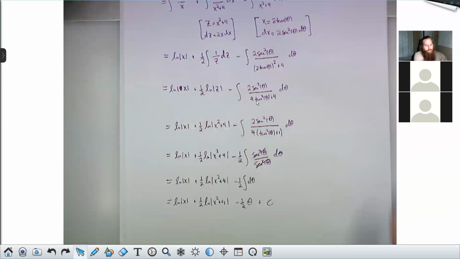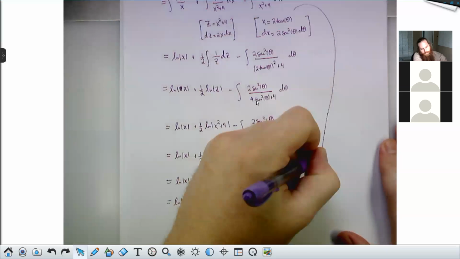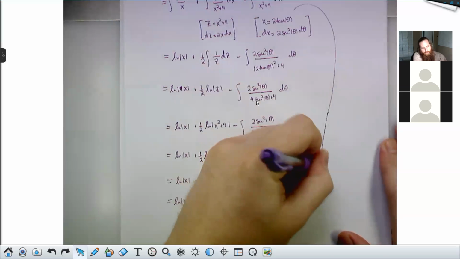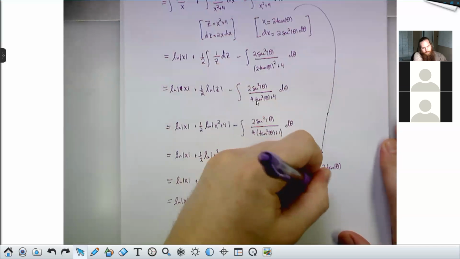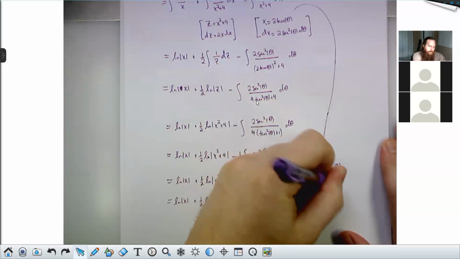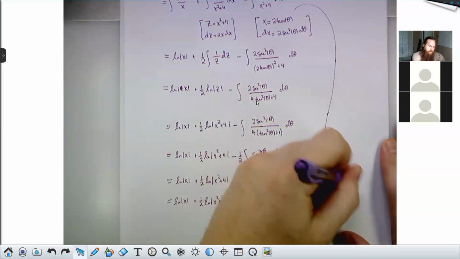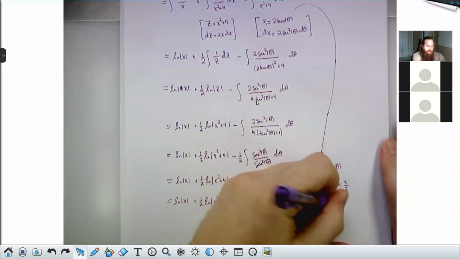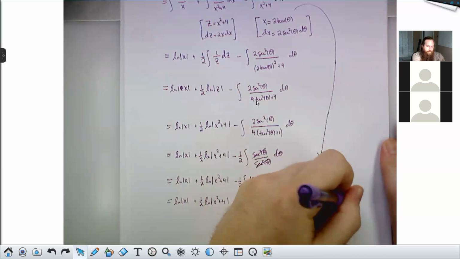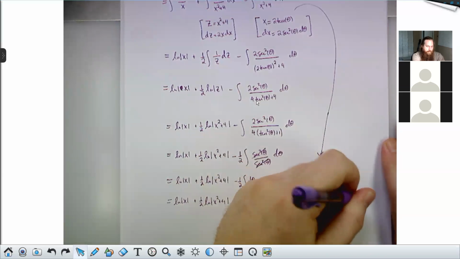And then we have to come back to our substitution. x equals 2 tan theta implies tan theta equals x over 2 implies theta is the inverse tangent of x over 2.